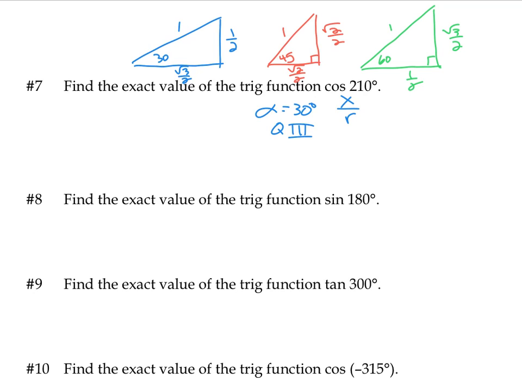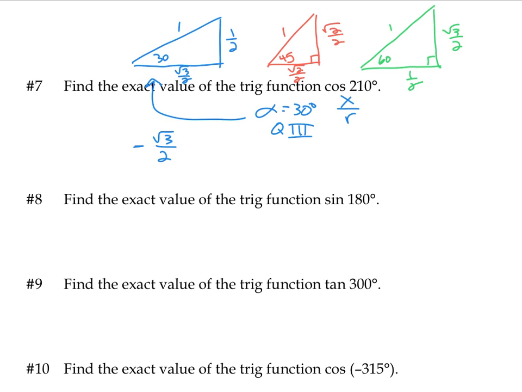All right, so 30-degree reference angle, cosine. Again, I can just use this right here. It's a 30-degree reference angle, so the x value is square root of 3 over 2. And remember that square root of 3 over 2 over 1 is just square root of 3 over 2. We have a negative, so negative square root of 3 over 2.